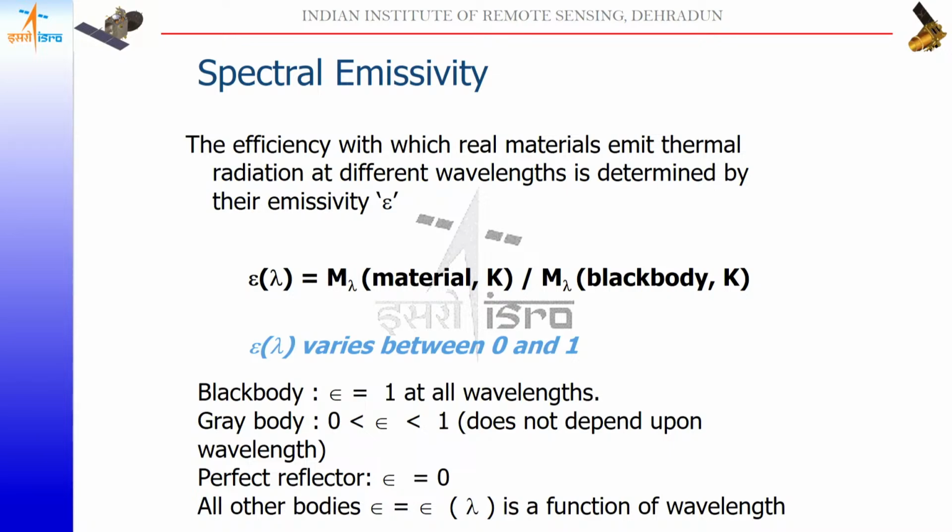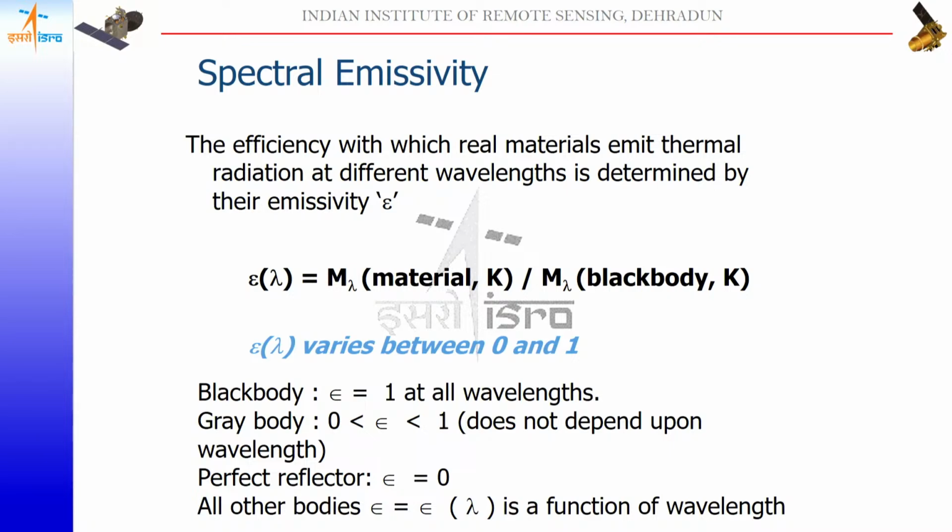There is something called a gray body also. We define it in such a manner that its behavior is the same as that of a black body, but emissivity is less than 1. That means the spectral emissivity is independent of wavelength. We call it spectral emissivity, but it is independent of wavelength. For all wavelengths, the value is the same, less than 1.